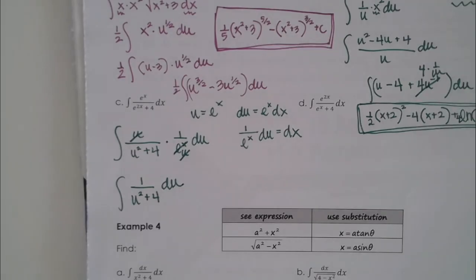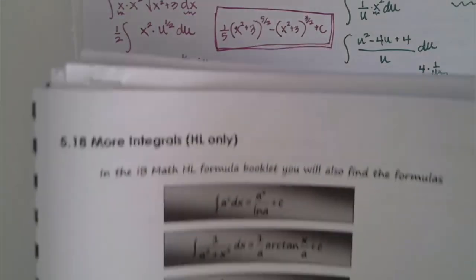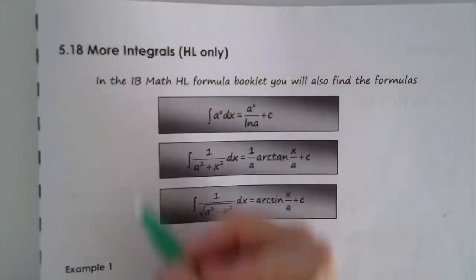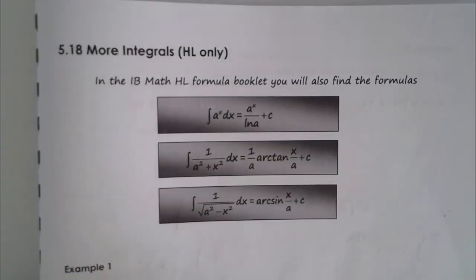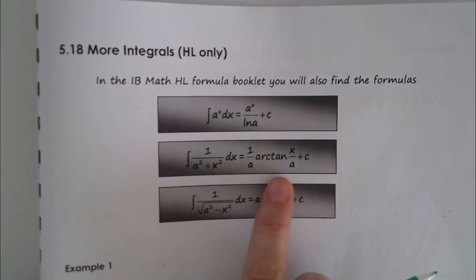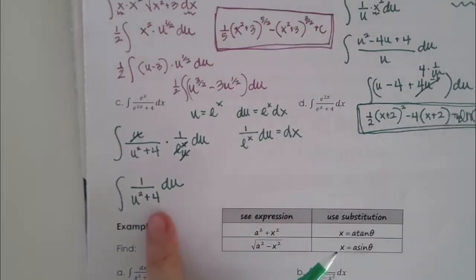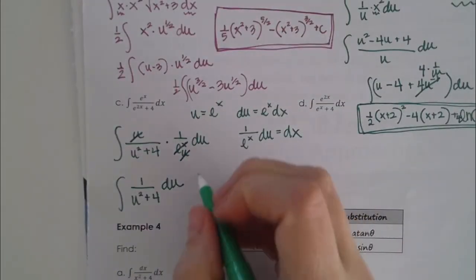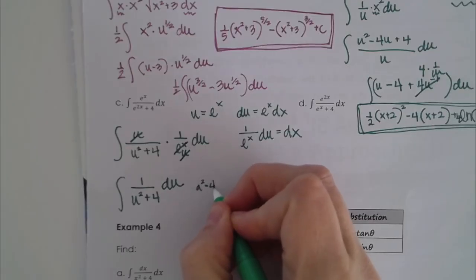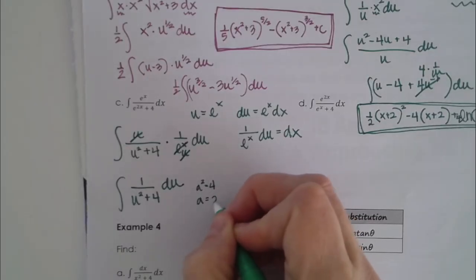Now, that doesn't look like a simple antiderivative, but if you remember from 5.18, we had these formulas, and we have them in our formula book. And this middle one, the arctangent, looks very, very similar to what we have over here now, with my a squared being 4, which means my a is 2.